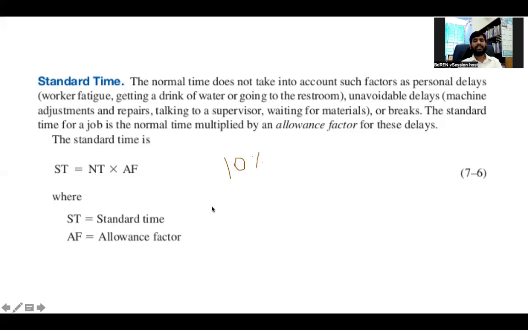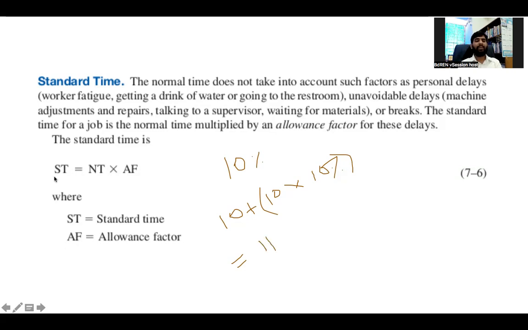It means normal time, say for example 10 minutes, plus 10% of normal time. That means 10 multiplied by 10%. 10 multiplied by 10% equals what? 1, is it? So the allowance time will be 1 minute.